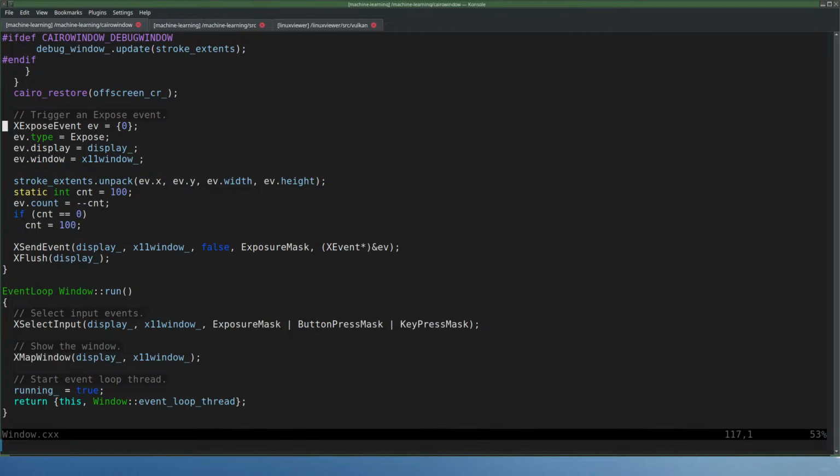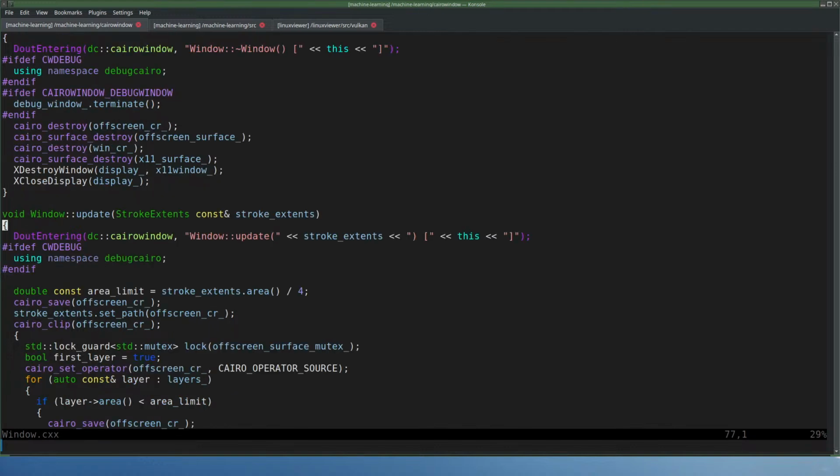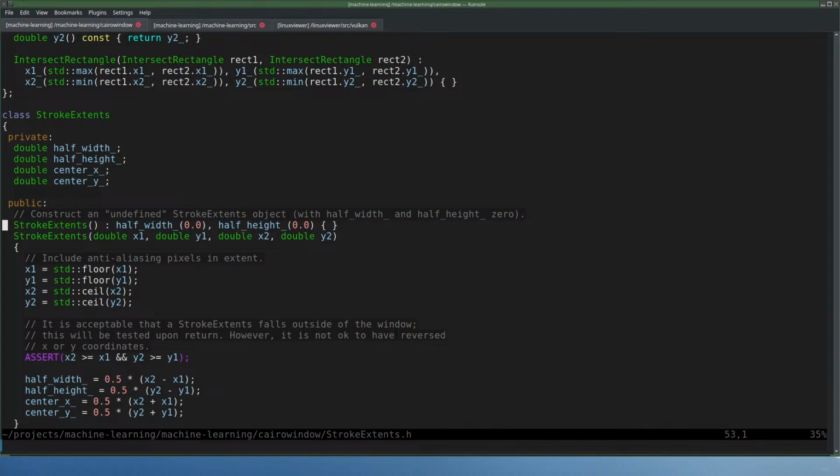What we need to remember here is just this. No, just a stroke event. There's an unpack into that. The stroke events itself. I think so. Stroke extends. Why do I keep calling that events? Stroke extends exists of no less than 4 doubles.